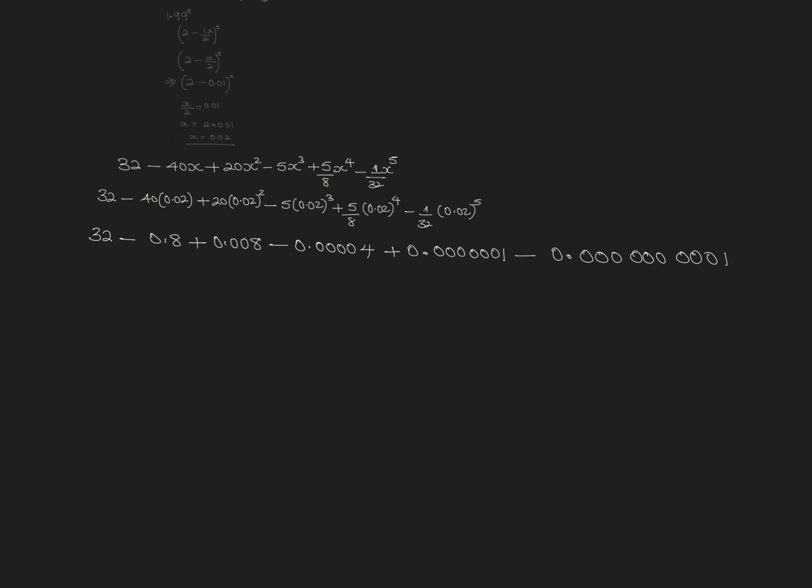You're going to have somewhere like 31.20, correct to 2 decimal places as instructed in the question.